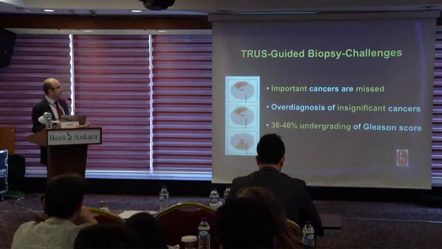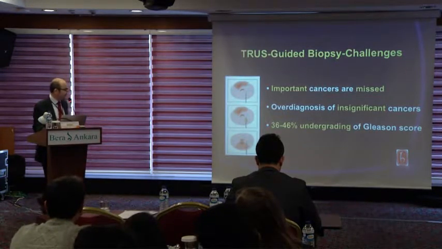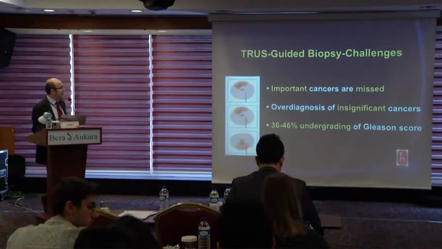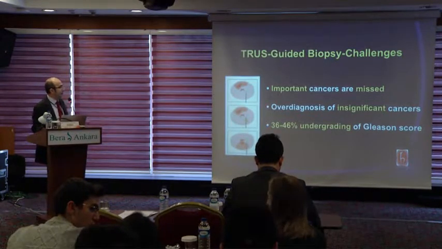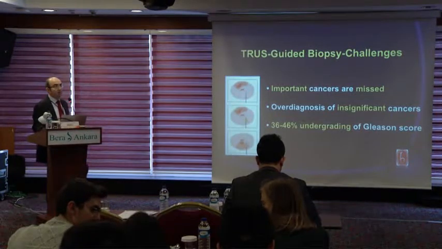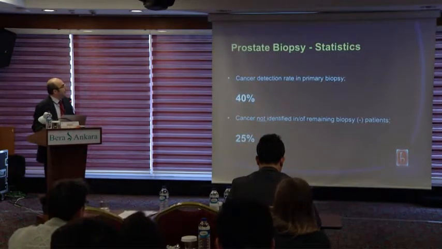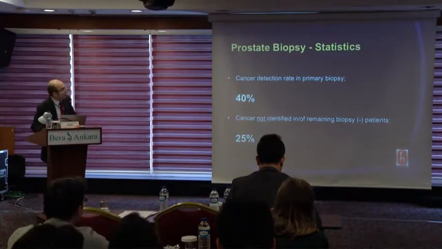And also it's possible to see an overdiagnosis of insignificant cancers like here. And because of this, undergrading of the Gleason score is a possibility. We see some statistical data for the prostate biopsies.